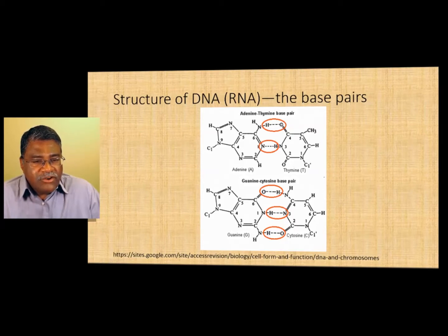When something is electronegative, it draws the electrons, or the electron density, towards it. So oxygen is a little more electronegative, which means that though we say these bonds are shared, it draws this electron density towards itself. So this becomes slightly more negative and this becomes slightly more positive.